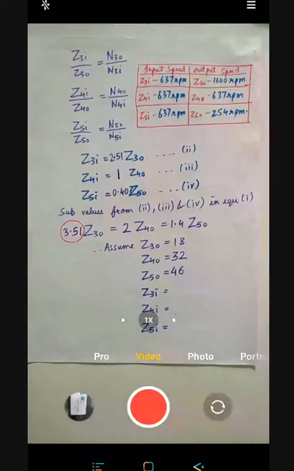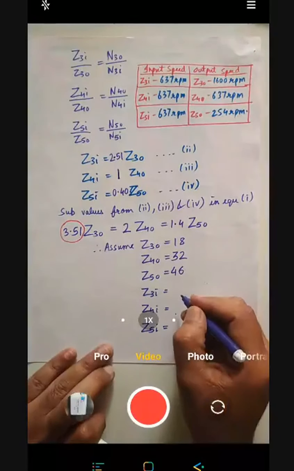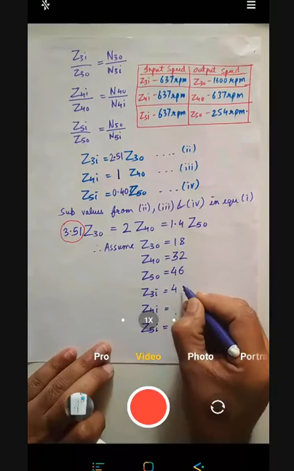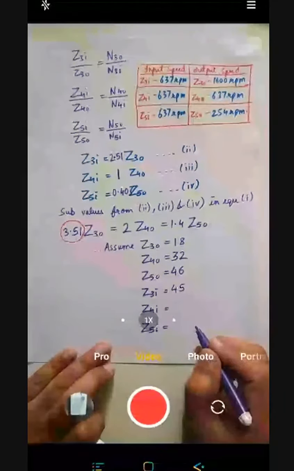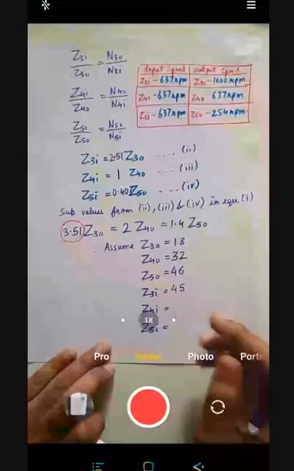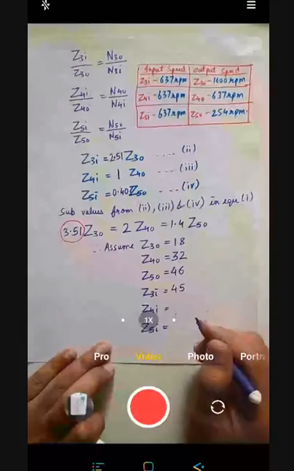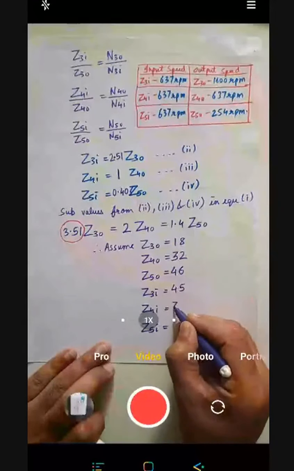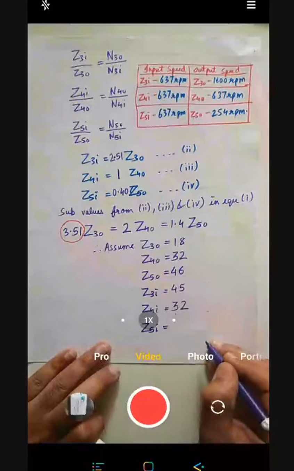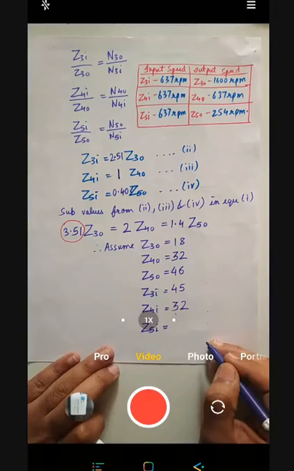Z5 is 45. I think this should come 32 again. हाँ सेम ही रहा. और ये क्या 0.4 into 46, 18.